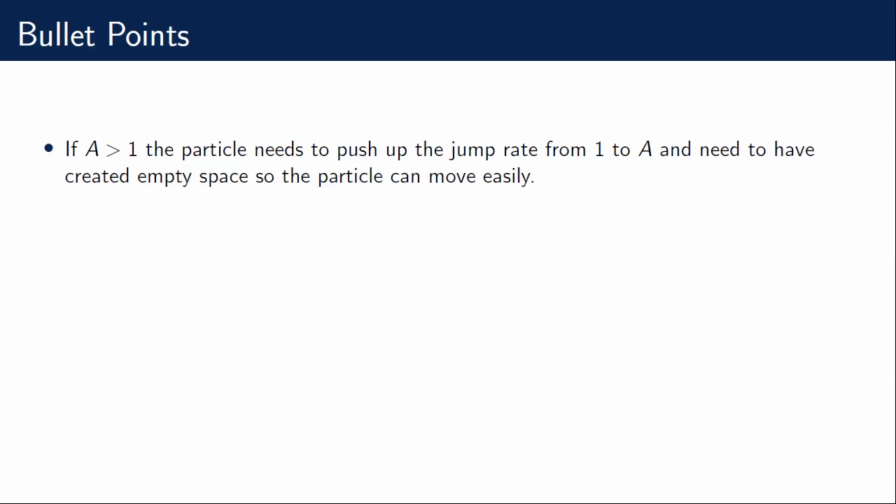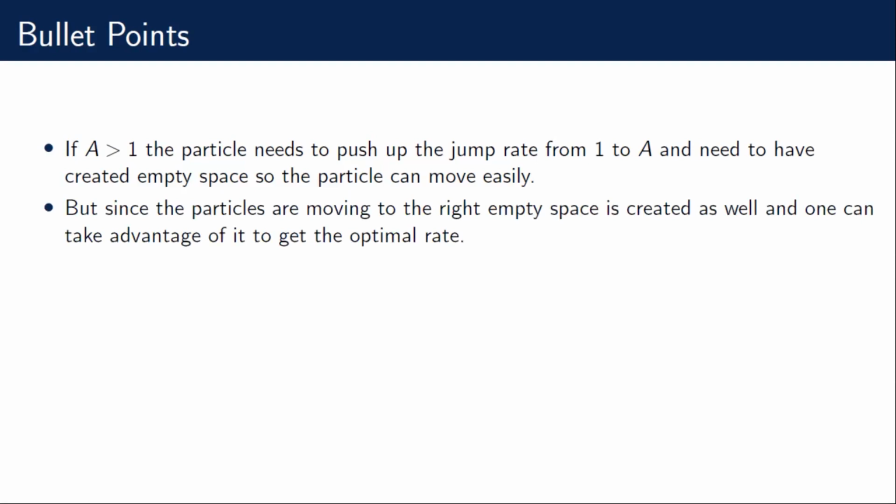And so there are two reasons you need. So you need empty space. But the particles are moving to the right. As they move, their tail will leave some empty space. So you're also creating empty space in the motion, which is helpful for you.